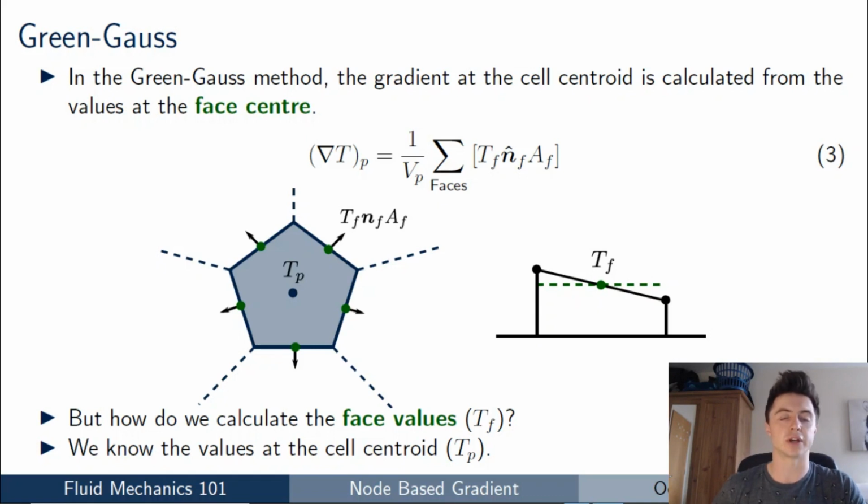We've either solved our CFD solution or we've carried out an iteration, so we know what TP is, but we need to learn what TF is. And this is where the difference between the cell-based and the node-based gradient schemes comes in. They're different methods for computing the face temperature TF. In today's talk, I'm going to focus on the node-based scheme.